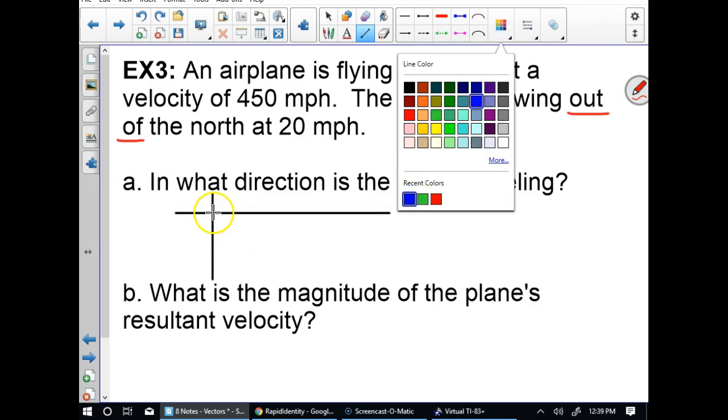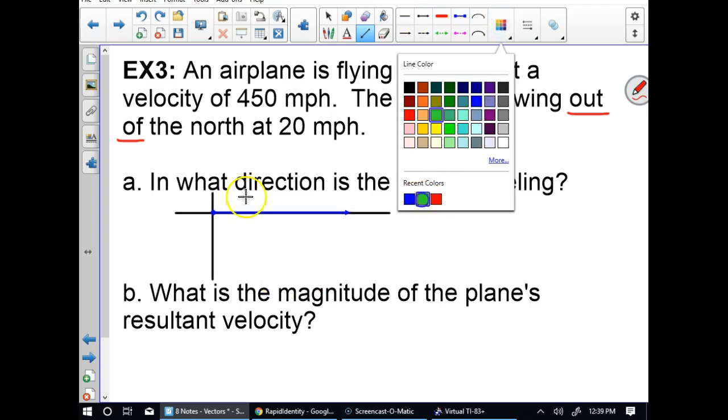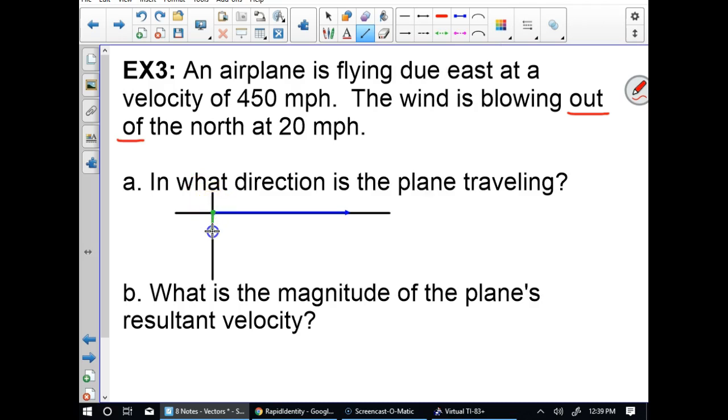So the plane is flying east at 450 miles per hour. The wind is blowing to the south at 20 miles per hour, which I'm actually going to make a little bit bigger just so we can see it a little better. But in reality, if we drew that to scale, it would be really tiny.